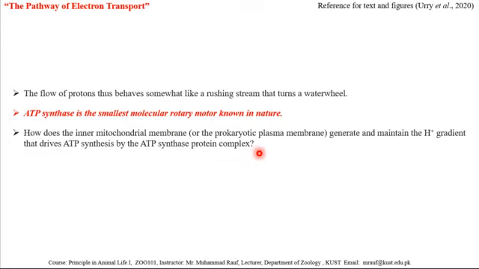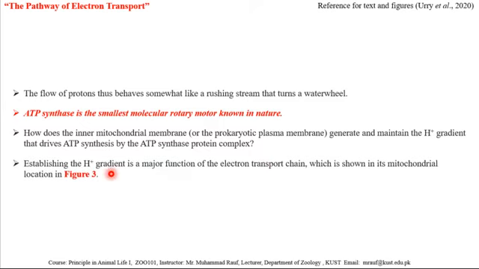So from where is this energy supplied, which helps in pushing hydrogen ions from the inner lumen to the intermembrane space?